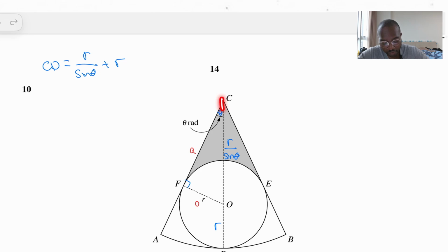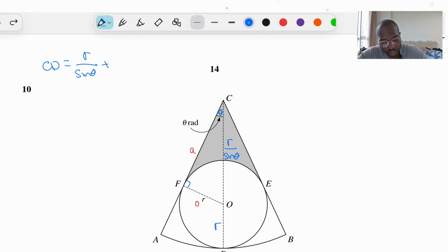We know the length of CD must be the same as CA, and CB must be the same, because it has a center C, which means that if they're all like the edge of the circle, they all must have the same radius, the same length. So if we look at the length of CD, then that would be the same as CA. So therefore, we know that CD is equal to CA, which is equal to CB.